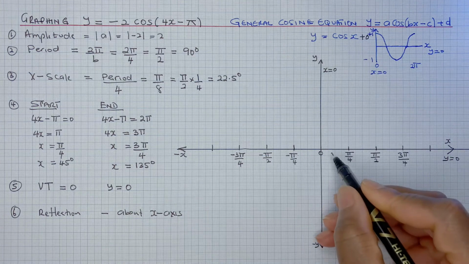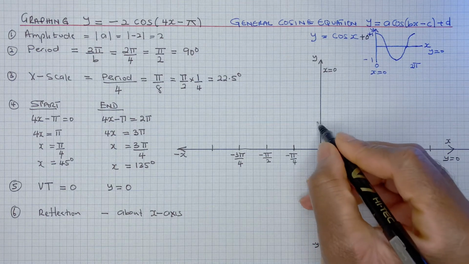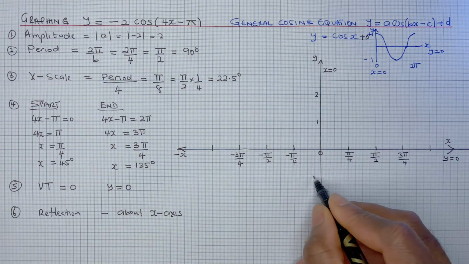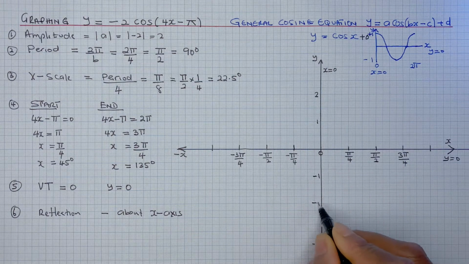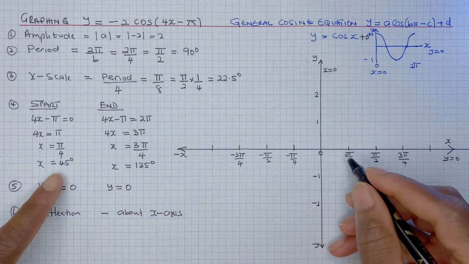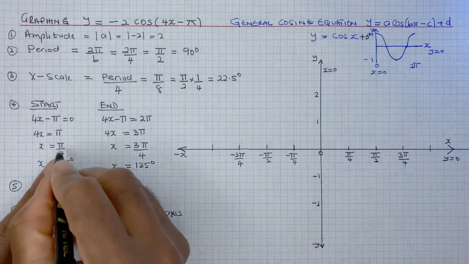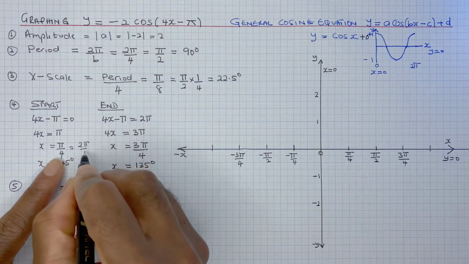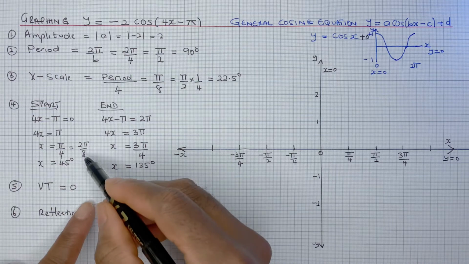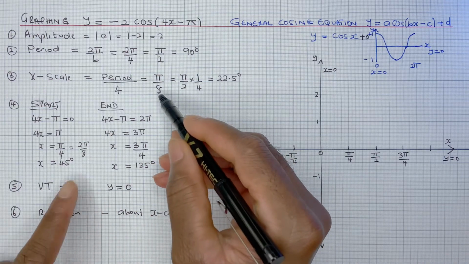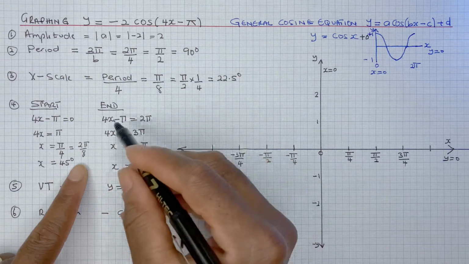The starting point: this is 1, and that's 2. This is -1, and that's -2. The starting point is pi over 4, and pi over 4 is also 2 pi over 8. I want it to be the same as the pi over 8, so they have the same denominator and it's easy to add.